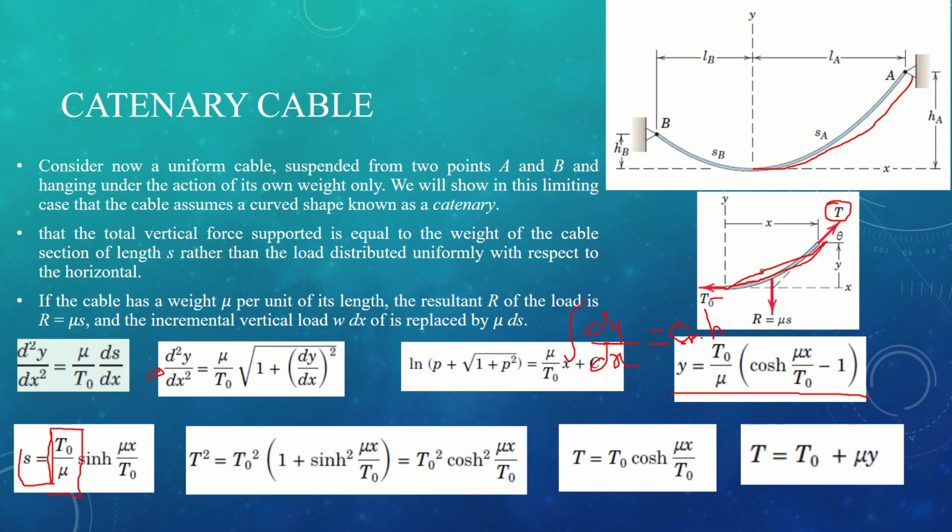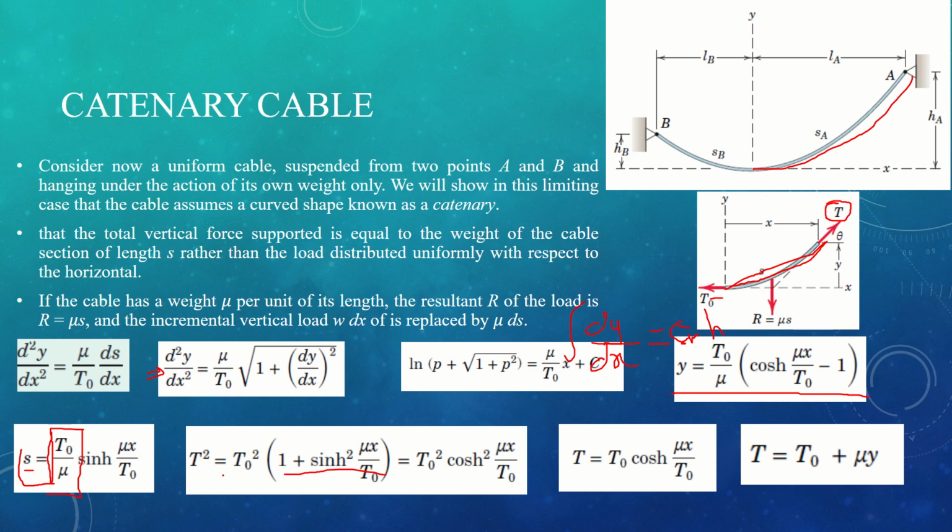And you take this value and you have the value of mu s. You introduce the value of s right here into this function, and this is what you get: 1 plus sine hyperbolic t naught mu x t naught. And then you should remember you are introducing the value of t naught and s into it.